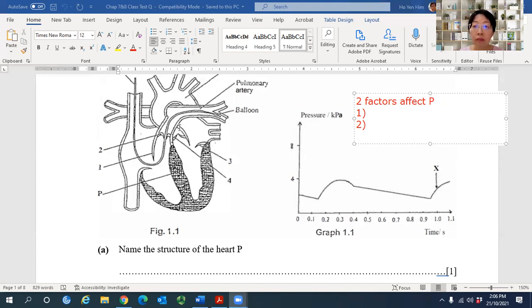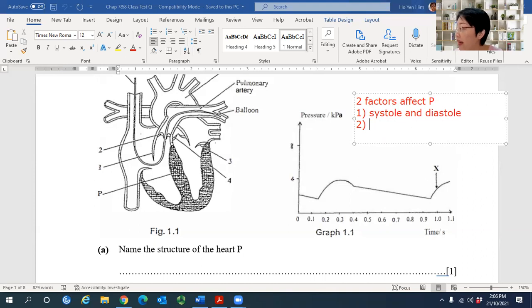Diastole and systole. Systole and what? Diastole. Systole and diastole. Okay, what else? Second one is what? Open to the group. Volume of blood, yes, correct. It's the volume of blood.